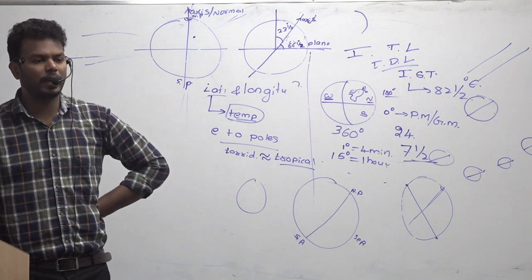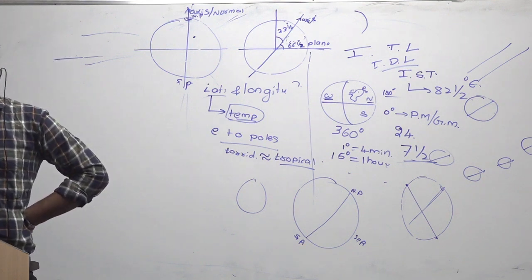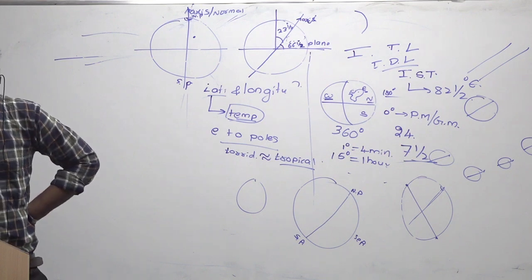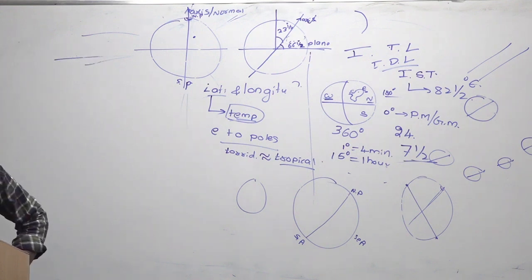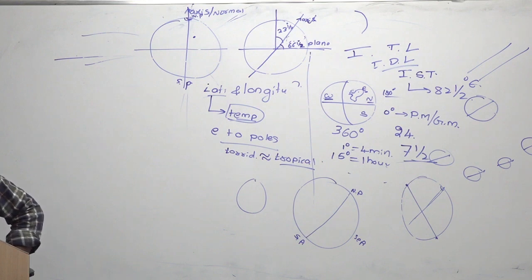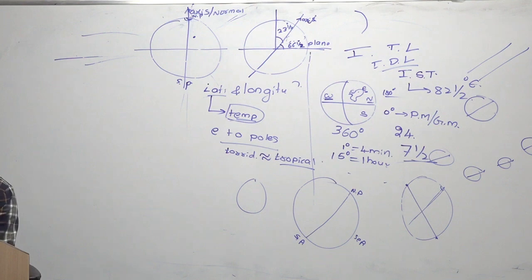Next, Earth's spherical shape. Because of the Earth's curved shape, there is an impact on the inclination of solar rays on the Earth's surface.